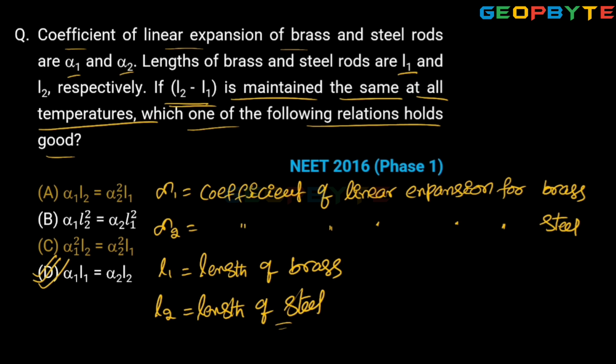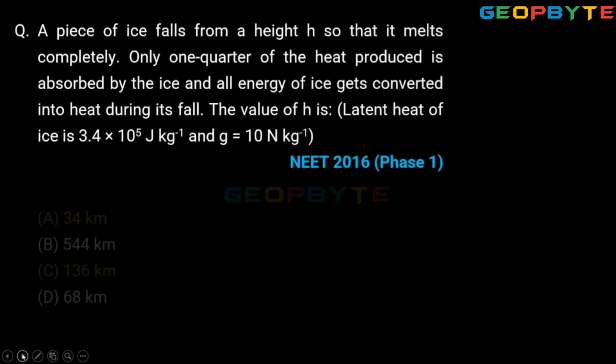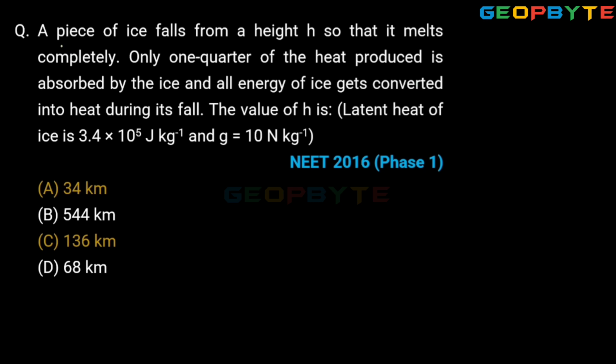Similarly, let us take another important problem. A piece of ice falls from a height h so that it melts completely. Only 1/4 of the heat produced is absorbed by the ice, and all the energy of the ice gets converted into heat during its fall.